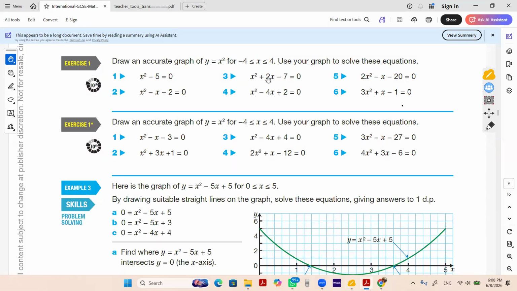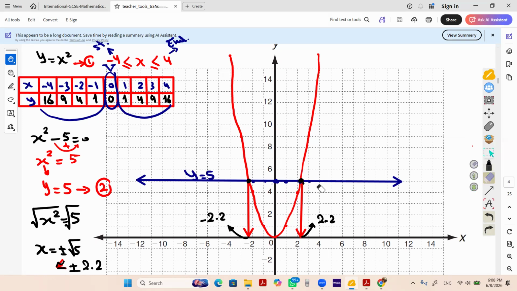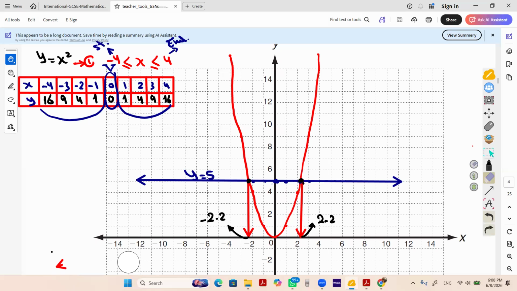What about if x squared plus 2x minus 7 equals 0? Also, we have the same function, but the second function that we have to get its solution set will be what?